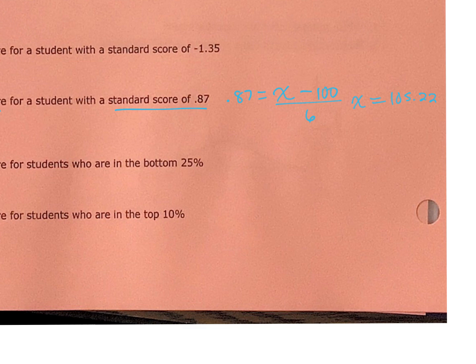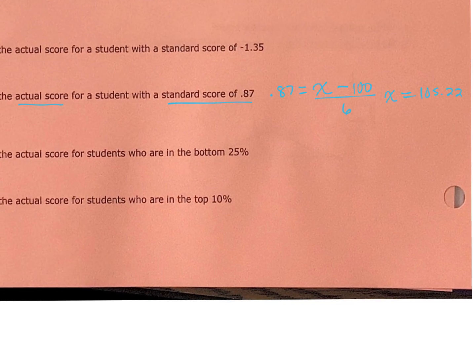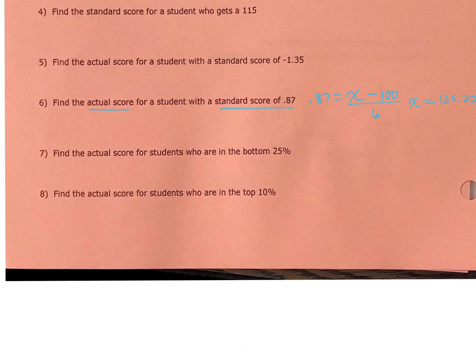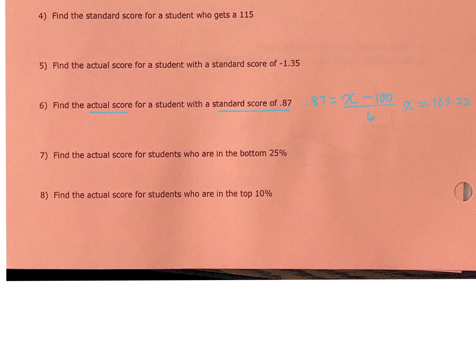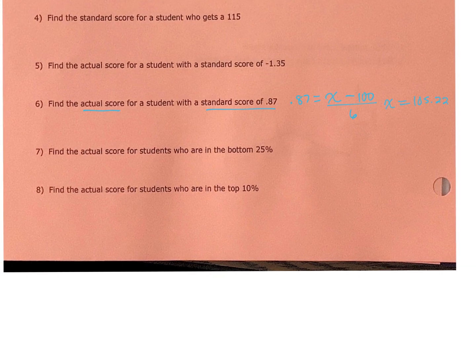Okay. All right. So what's different about these last 2 questions is, if you notice, you're not given the z-score, you're given a percentage, or in some instances it might be a percentile. So there's going to be one extra step that we have to do, and that is we've got to go to this table. Okay, so it says find the actual score for students who are in the bottom 25%.